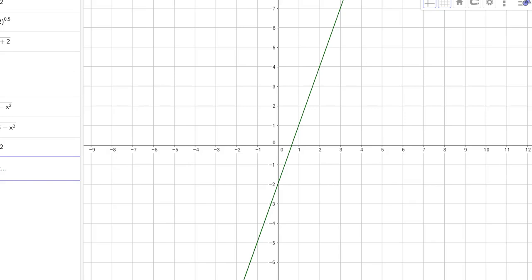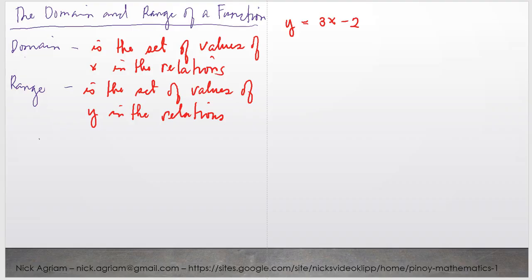So for the domain, you can write all values of x, or you can write in a set form: all values of x such that x is an element of real number. You can use that.